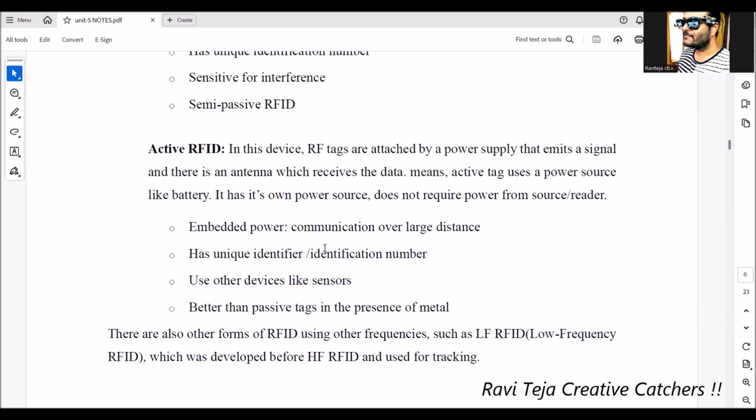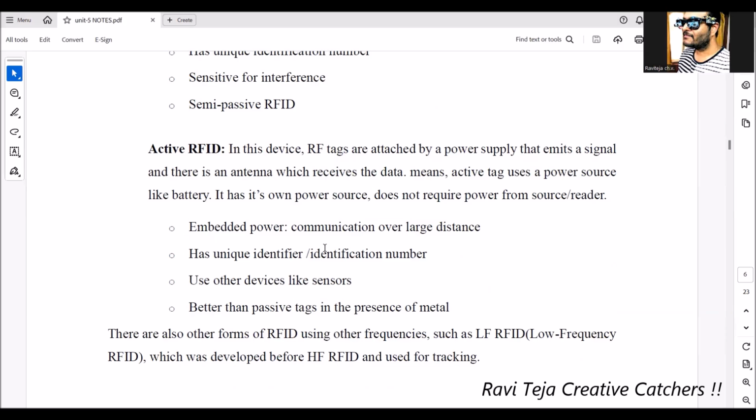Okay. So through this, the RFID tags keep on transmitting or emitting the radio frequency signal and transmit the data. Whenever the RFID reader gets in contact with the signal of the RF tag, the data is transferred from the tag to the reader.